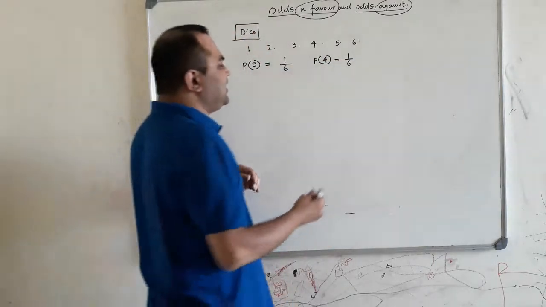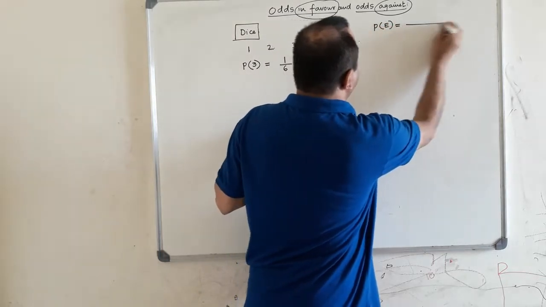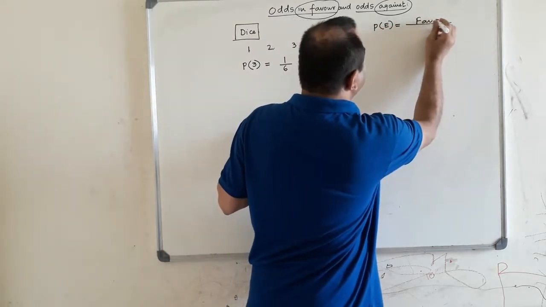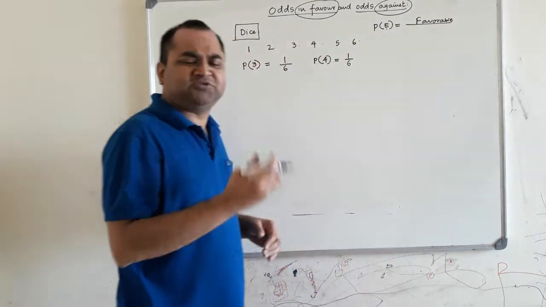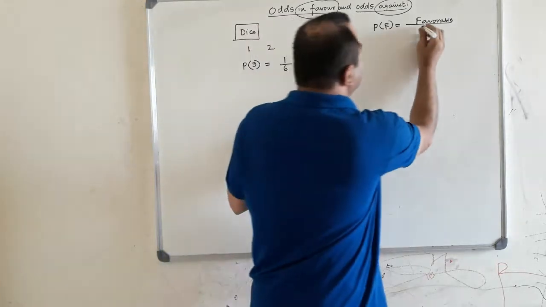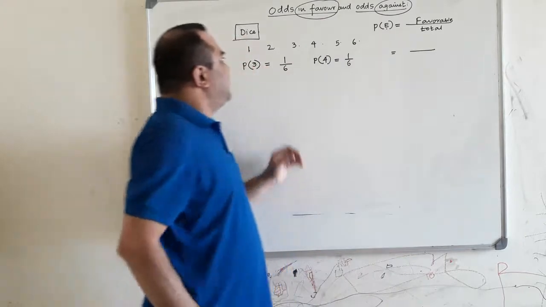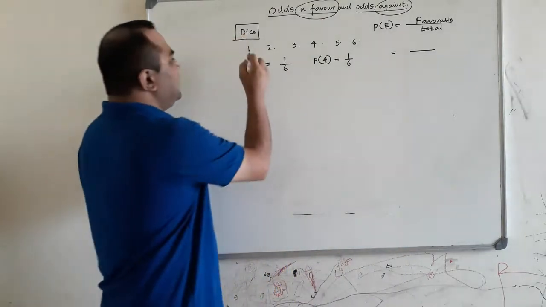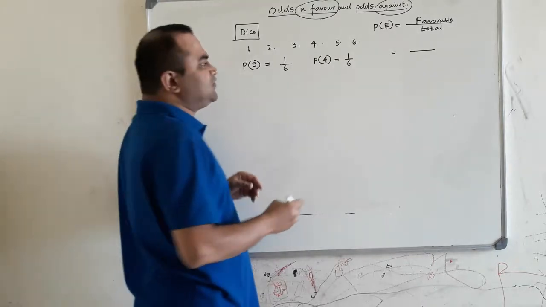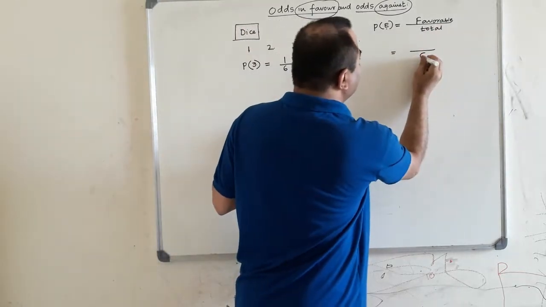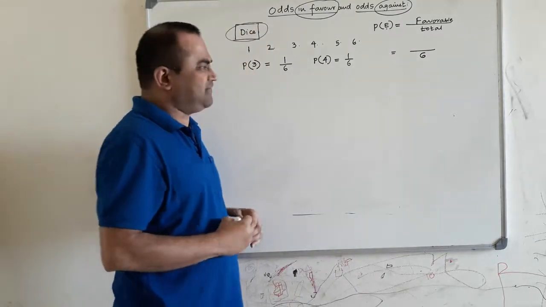But before that, recall the definition of probability of an event. It is number of outcomes favorable for the particular event, the expected event, over total number of outcomes. So whenever a dice is tossed, any one of these 6 numbers is likely to appear. So we say there are 6 outcomes in total based on tossing of a dice.